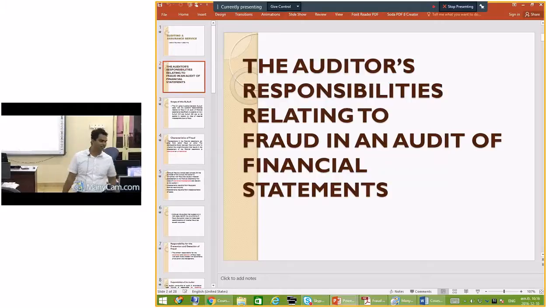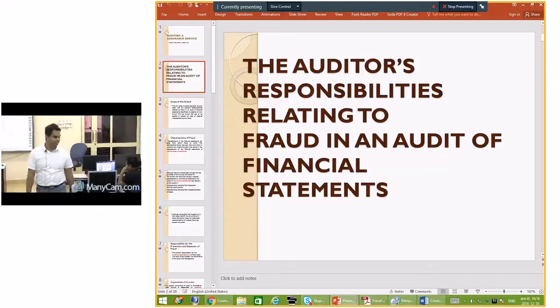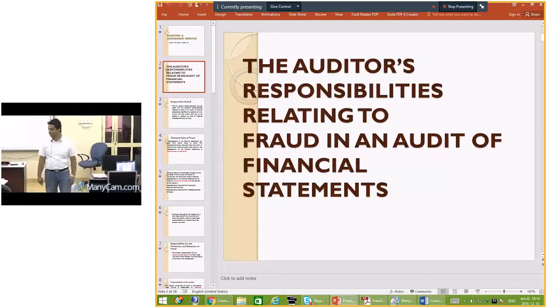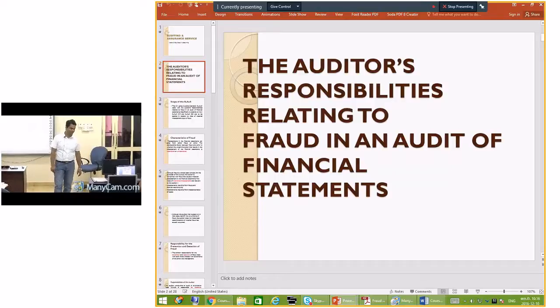Willful evasion, meaning not doing that correctly. You do something unethical, unlawful to get an undue benefit.